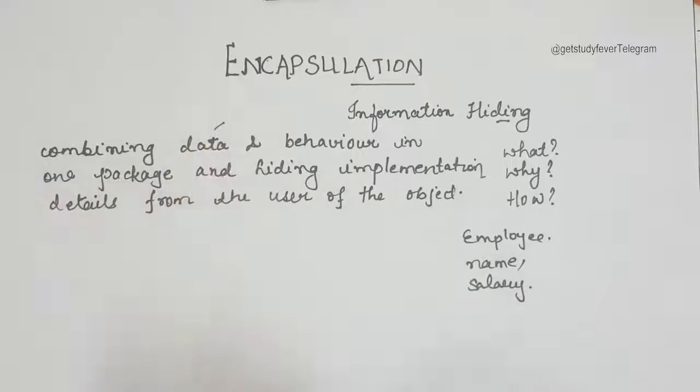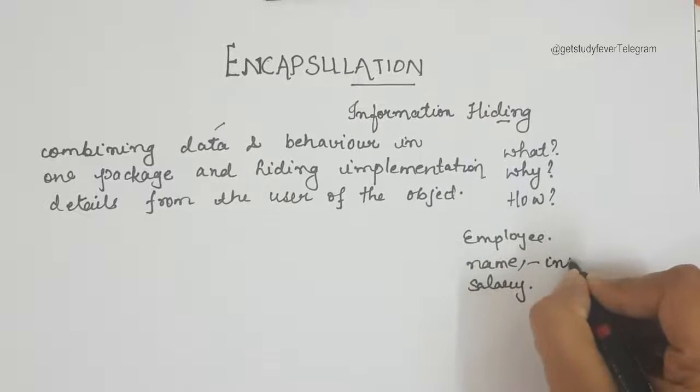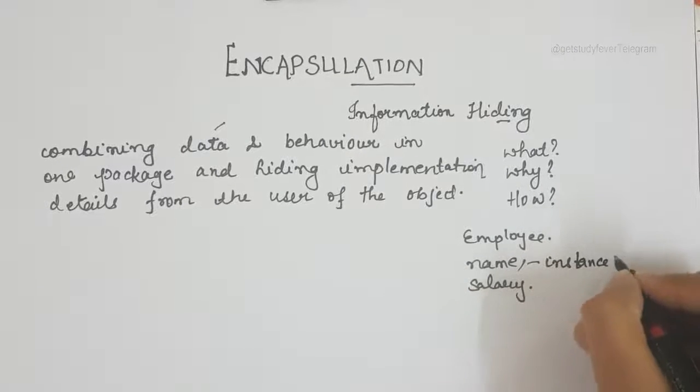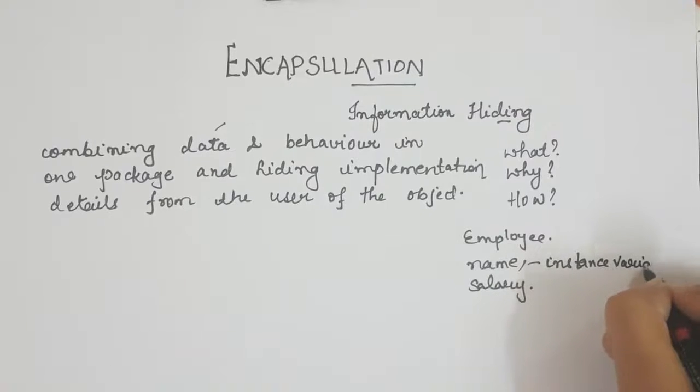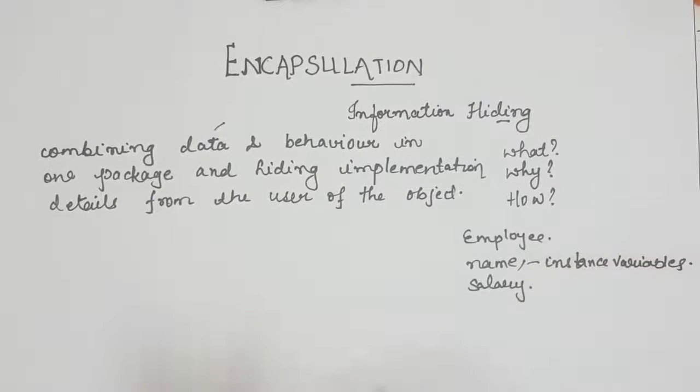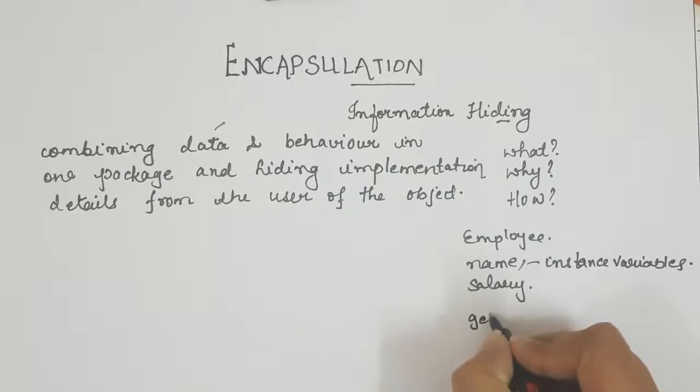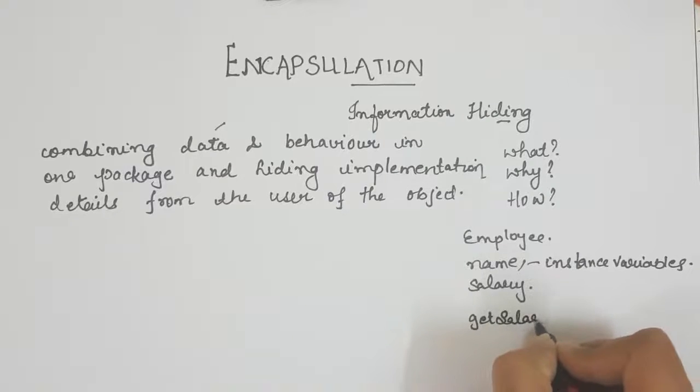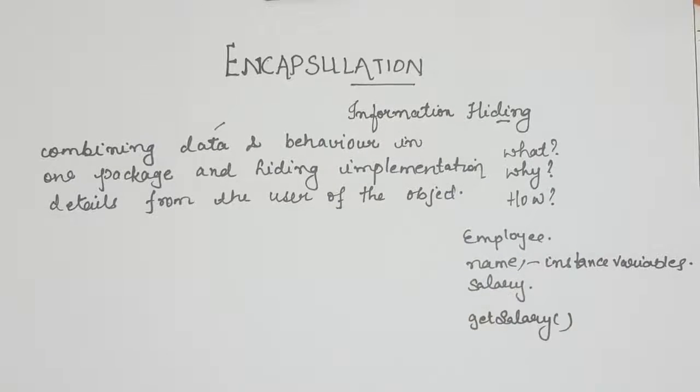These are the data, also known as instance variables. And behavior is the methods that are there in the object. Let's say we have a method called get salary. This is the behavior of this particular object.